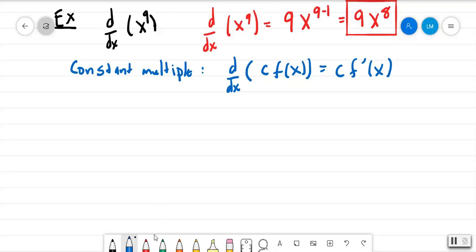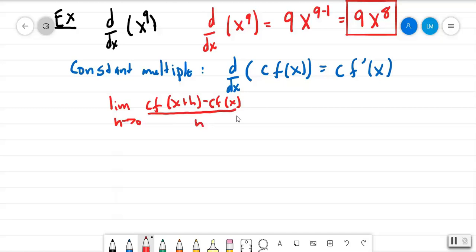But of course, you can show it by saying if I have the limit as h approaches 0 of c times f of x plus h minus f of x times c, of course, divided by h, well, it follows what I just mentioned, that constants are just constants, so factor it out. So we have c times the limit.